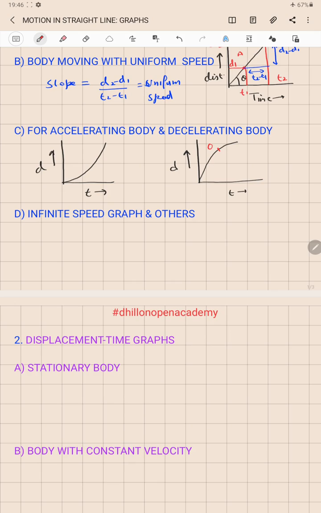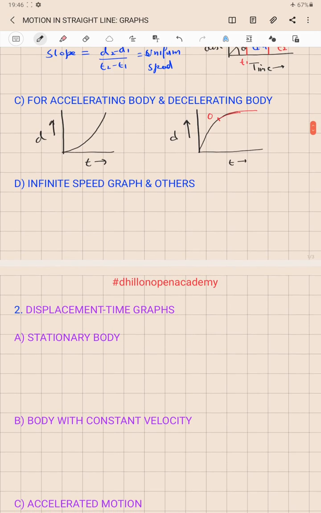So after the point O, when it turns towards the time axis and starts bending towards the time, almost becoming parallel, it shows that the body is coming to the stationary state, just as we have seen in the first graph, its speed is decreasing. So this is a deceleration of the body. And in both the cases, if we find out the slope, it will be variable because of the curved nature. The body will be moving with non-uniform speed.